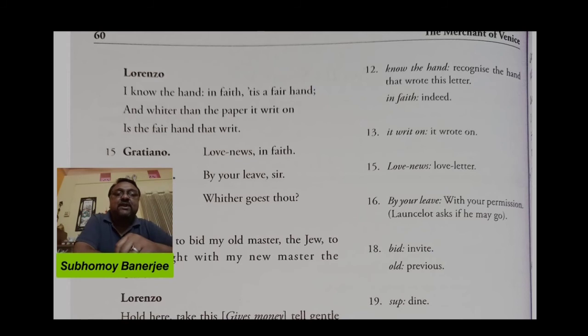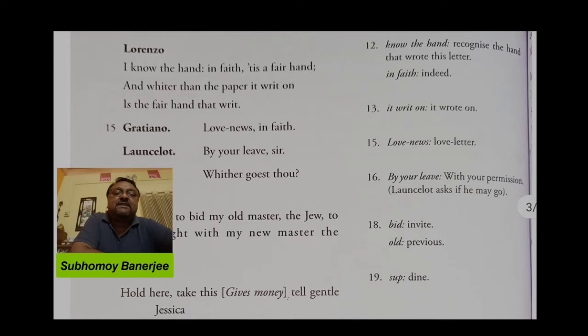That is what he is trying to imply, that her complexion or her hand is fairer than the color of the paper on which this letter has been written. So you see, love is blind. Lorenzo thinks that way. I don't think anybody would agree or approve. I mean, how can a human being's hands be so white as white paper? So anyway, love is blind.